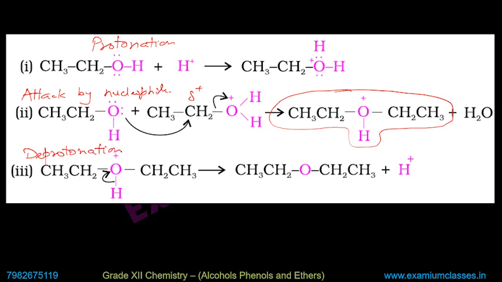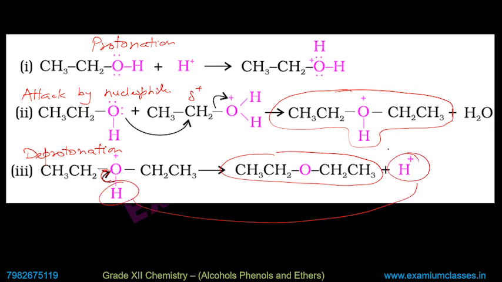So in these mechanisms, usually you will see if protonation is taking place in first step, the last step deprotonation will take place to get that proton back. So from here, these two electrons are transferred to the oxygen. It forms ether, and this proton is released, and we get the proton back. Protonation, nucleophilic attack, deprotonation.